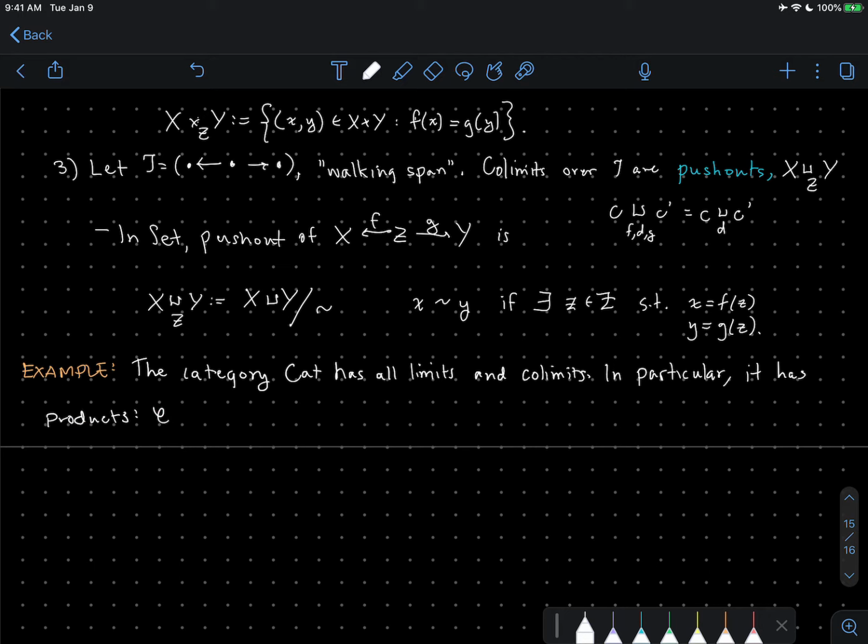So C cross D is the category with objects being pairs, little c and little d, and morphisms are going to be pairs f and g, where f would go from C to C prime, and g would go from D to D prime. And the pair together gives us a map from (C, D) to (C prime, D prime).